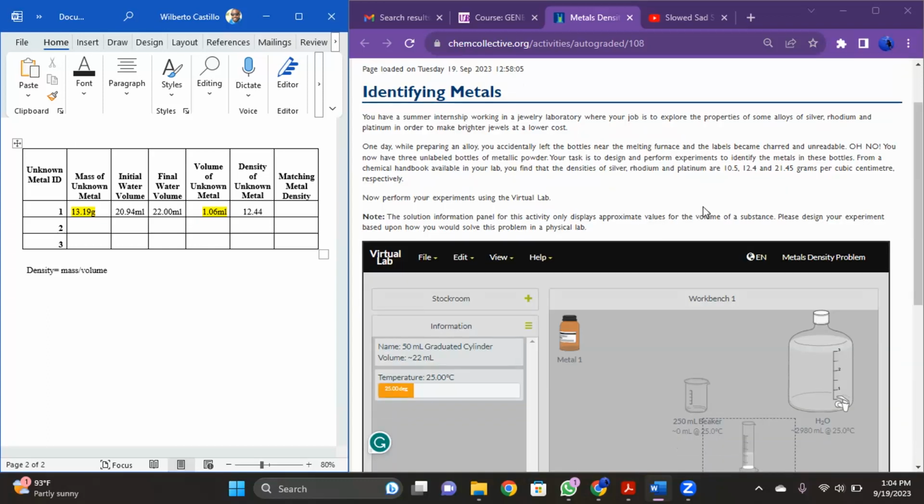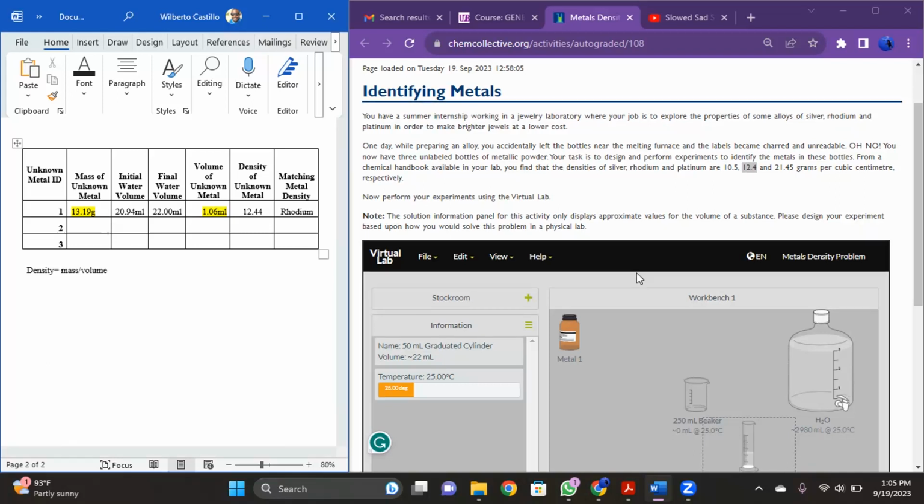If we go up here to see what matches, we have 12.44, which is for rhodium. So let's just write rhodium here. Sorry, spelled it wrong. So our first metal is rhodium.